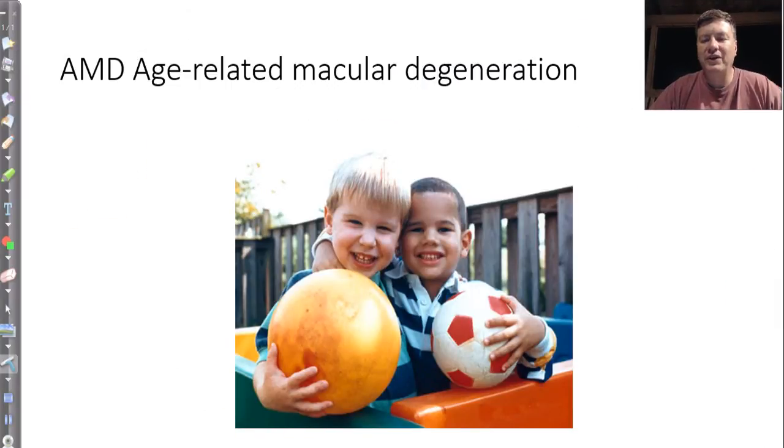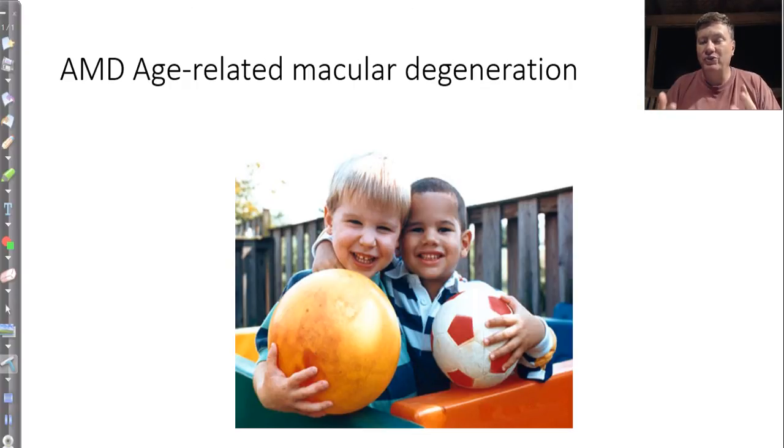One condition that we associate with age is the degeneration of the macula. We have that region where we have lots of cones, and the fovea centralis even more cones. But for some people, they develop AMD, age-related macular degeneration. And this slide shows you the normal vision, and again, you're shining the light directly on the macula.